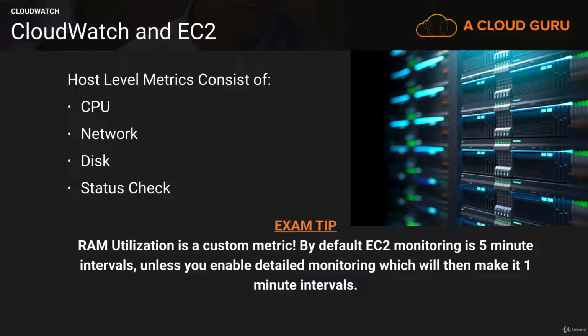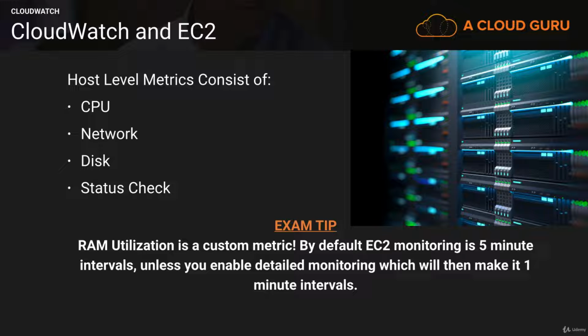So anything else that falls outside of CPU, network, disk, or status check is a custom metric. So things like RAM utilization, for example, how much memory your EC2 instance is currently utilizing of what is provisioned to it. That is what we call a custom metric. And we will have a lab coming up which will show you how to monitor this.